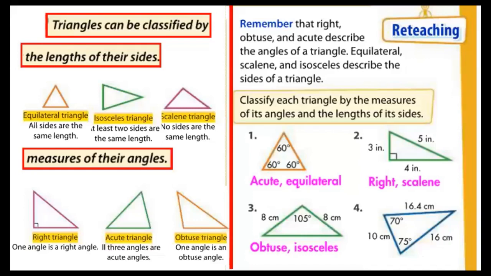Also, inside here we have a 70-degree angle at the bottom corner, and 75. Both of them are acute angles. Surely the third one will be acute also. So we have three acute angles inside. It will be an acute scalene triangle.